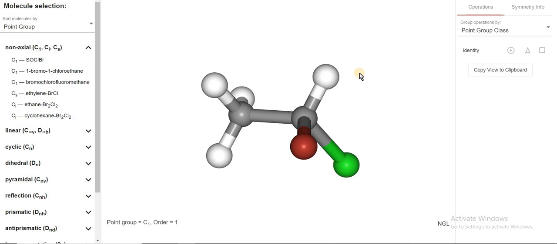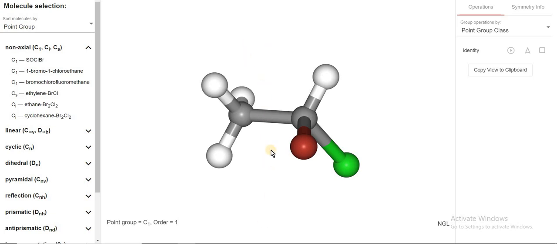What is C? C stands for proper axis of rotation. We will learn about it in upcoming examples. Cn is a proper axis of rotation where the subscript n is the order of the axis. Here the order of the axis is 1. What is the order of the axis? It tells us how many degrees we rotate a molecule about the axis.